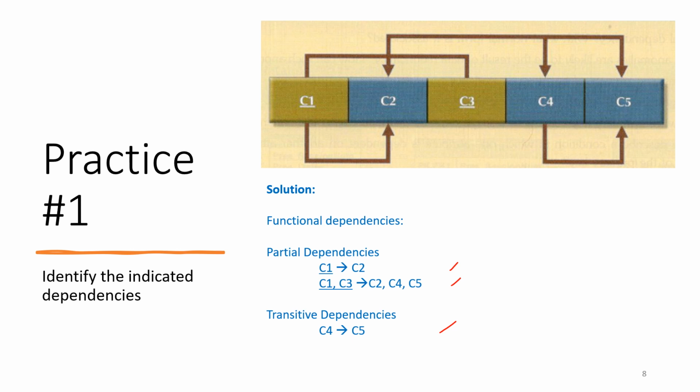Finally, if you have a transitive dependency, you repeat the same process and remove the transitive dependencies by creating a new table. Sometimes a new key will be created. At this stage, the table will be in the third normal form.